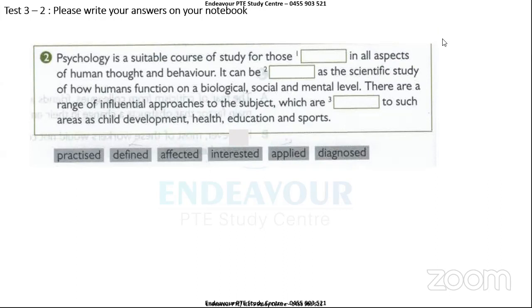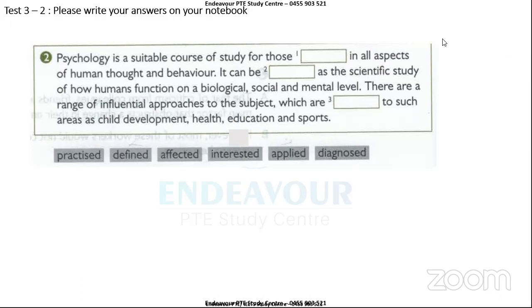Second, please. Applied. Yep. So it can be applied as a scientific study. Okay, it can be. Can we write applied here? What do you think, Lena? No, defined.